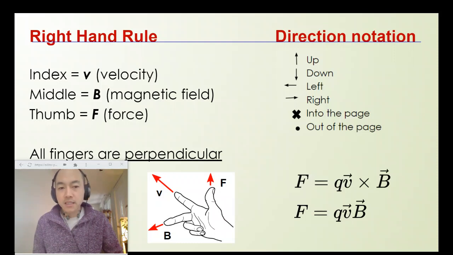An X indicates it goes into the page, and a dot indicates it comes out of the page. We use this formula to relate the force: F = qv × B. More generically, the charge, measured in coulombs, times the velocity, multiplied by the magnetic field, gives us the force.